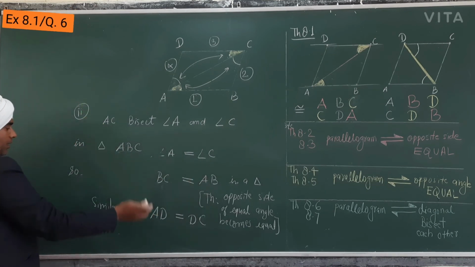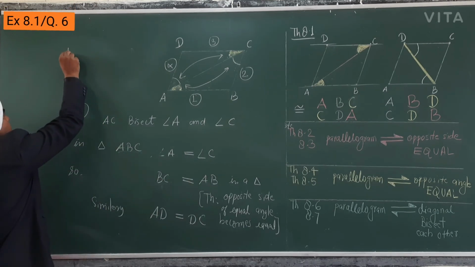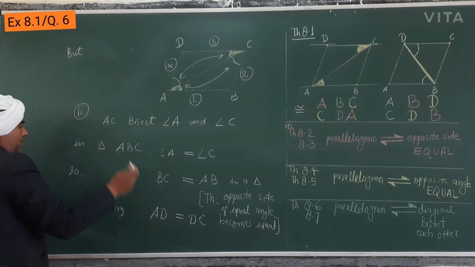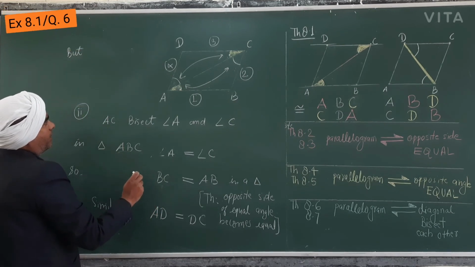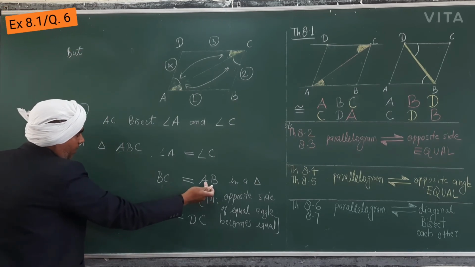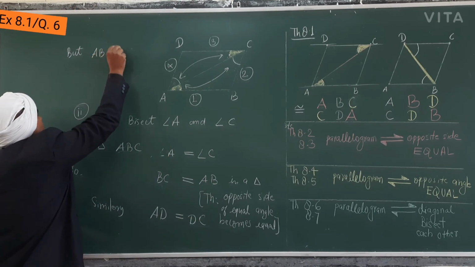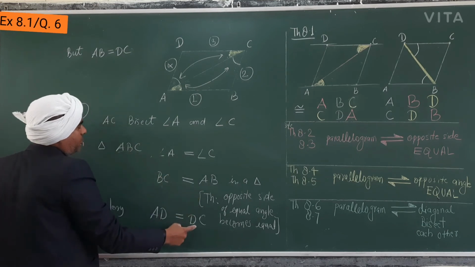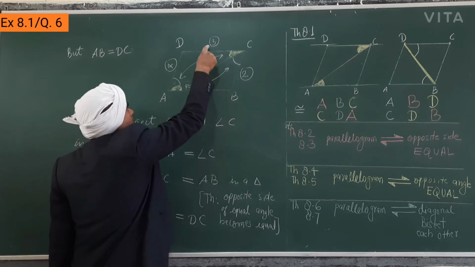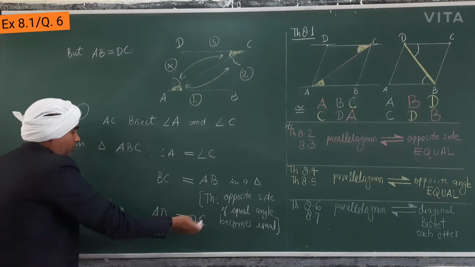So after this you will write, but BC is equal to AD, or you may also write here AB is equal to DC. AB is equal to DC. So means all the sides are equal.